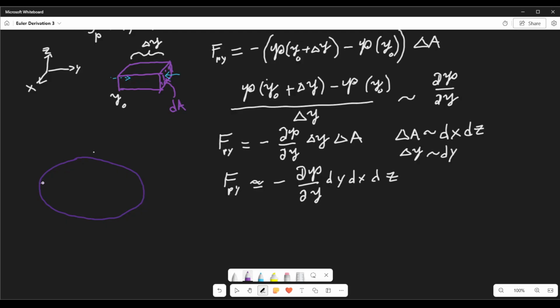Divide it into like a line in the y direction. Then for each of these little elements, this equation holds.